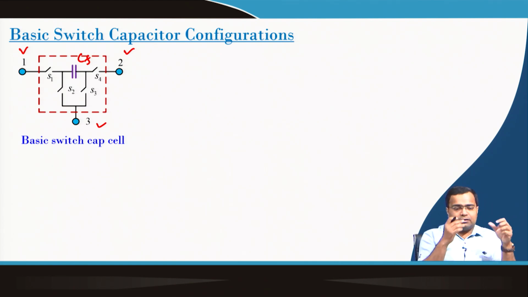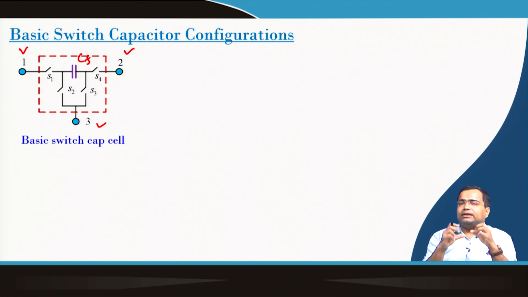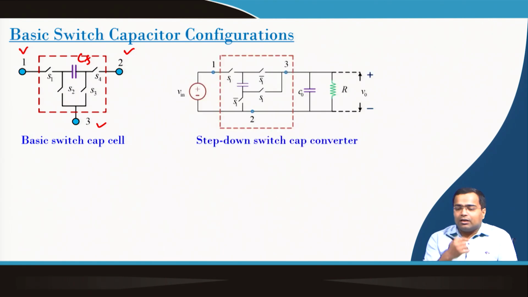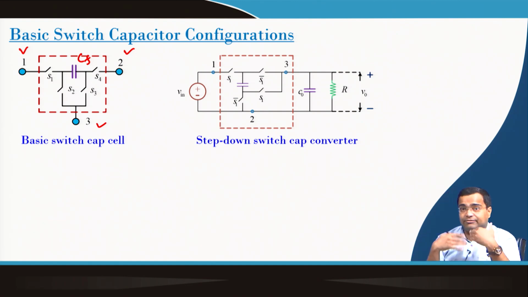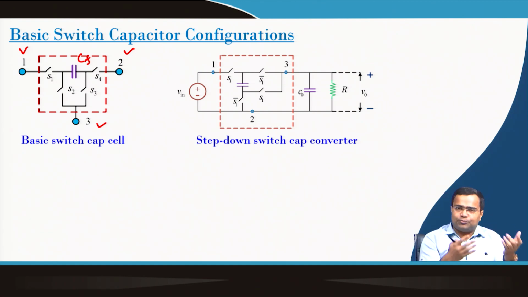Now, we can connect these 3 terminals in different ways to achieve various functionality. You can achieve step down operation, you can achieve step up operation, and you can even achieve voltage inversion like an inverter. I am just showing here 2 cases, one is step down and the other is step up. I am not showing the voltage inversion, that is also possible.